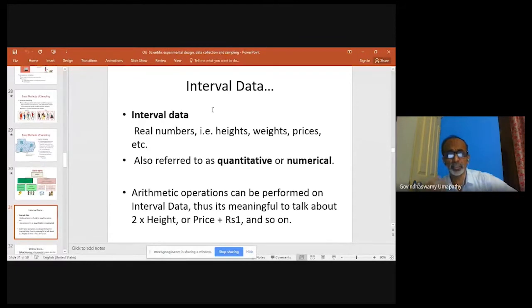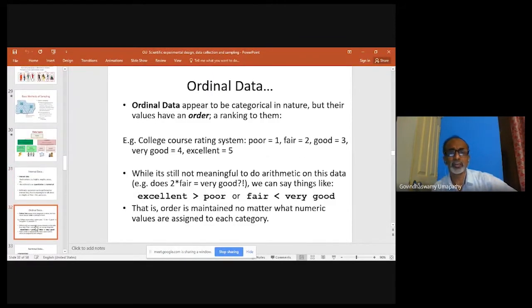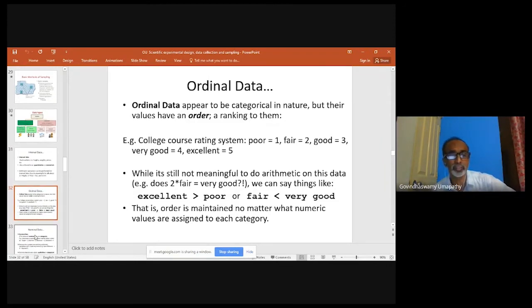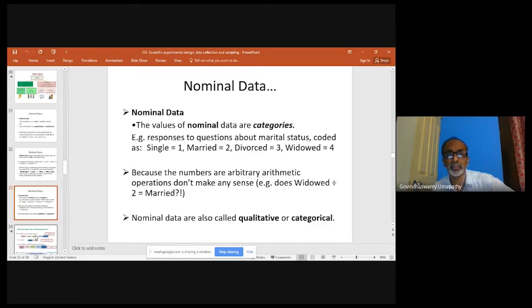As I mentioned, you can have this kind of interval data. You can have ordinal data, where you have excellent, poor, fair, good, and all this information can be ranked and taken as 1, 2, 3, 4, 5. And many of you have done such work, even with nominal data such as single, married, divorced, widowed.